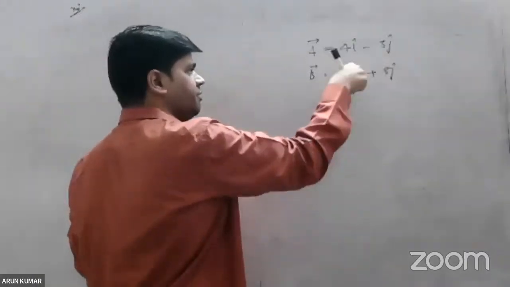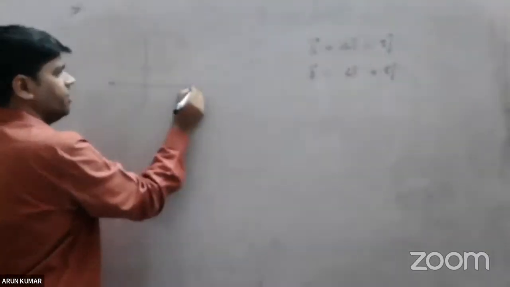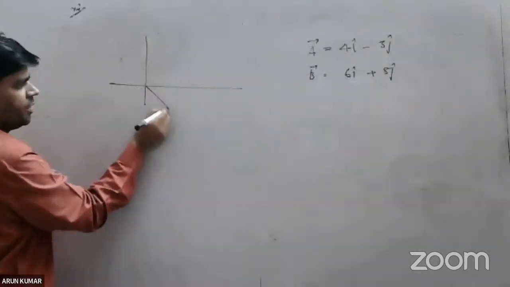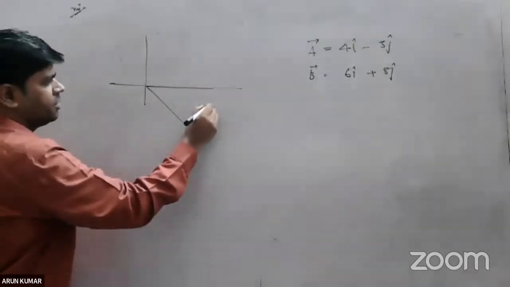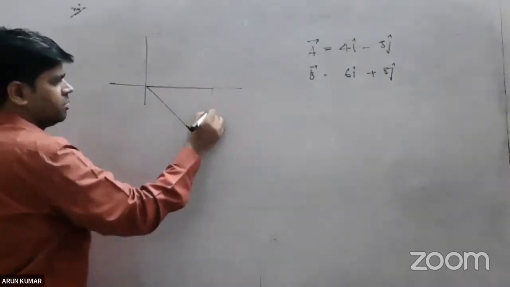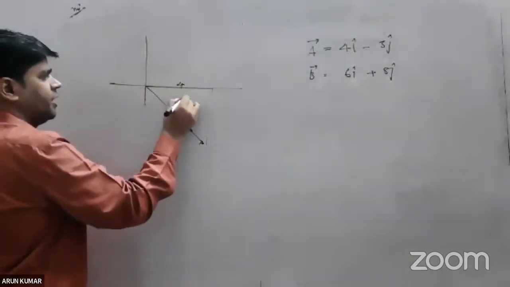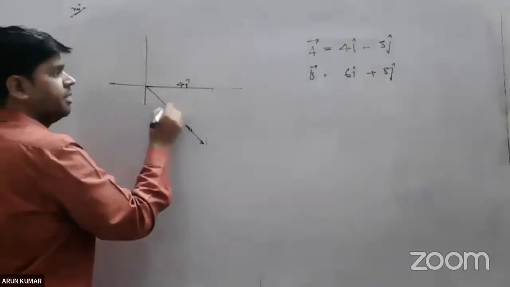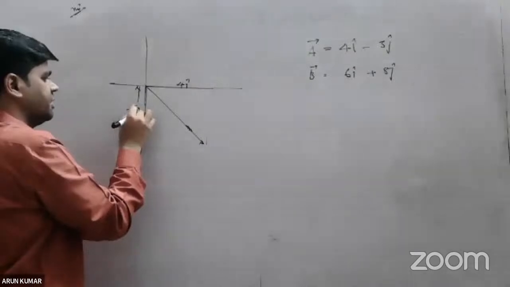So I add the X component and the Y component. I've got a vector like this, 4 and minus 3. One vector is this way, 4 units, 4i cap and minus 3j cap, so this length is 3.